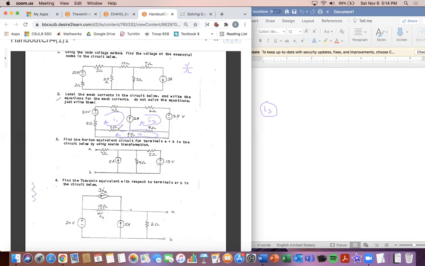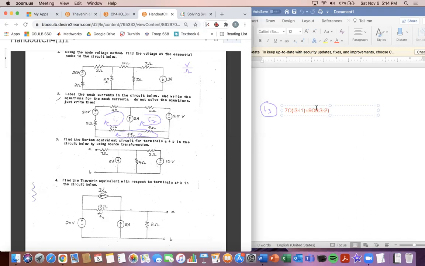So 7 times I3 minus I1. So that's what we're going to have for our first one here. Then plus the next one, this 9 ohm resistor, and the current for the loop we're interested in is I3 minus the current in the opposite direction, I2. Let me multiply that by that resistance value, 9 ohms.